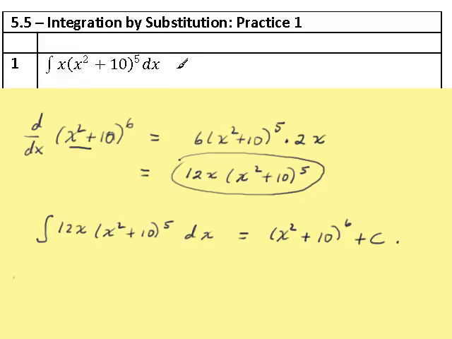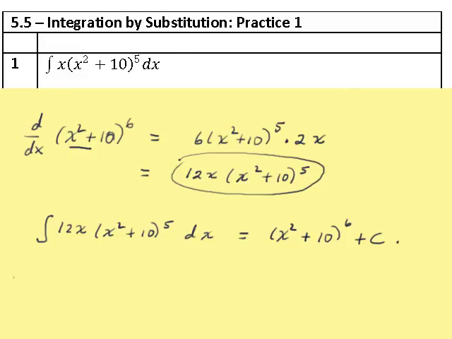Now how do we know what we're looking for to realize that it's appropriate to do a u substitution? We're looking for something that looks like a chain rule derivative. This looks a little bit like one. We have an inner function, and the derivative of the inner function is almost on the outside, except we're missing a constant. That's the situation we look for before we do a u substitution.